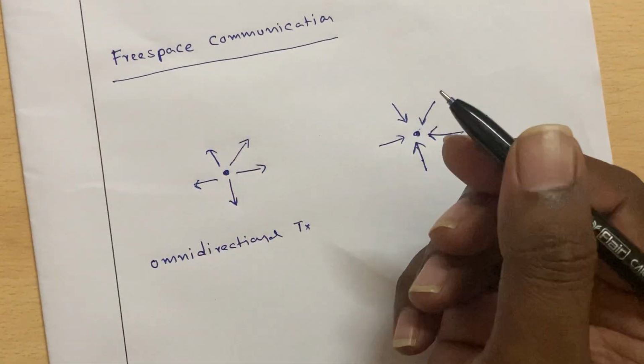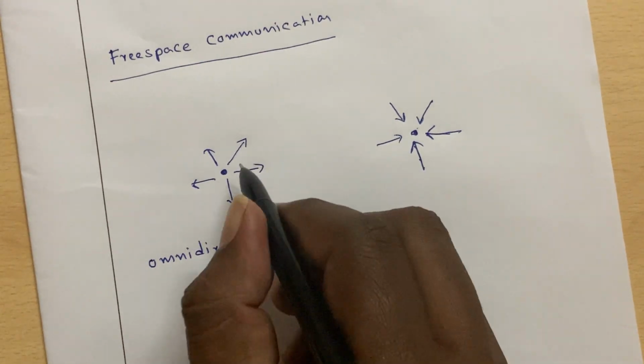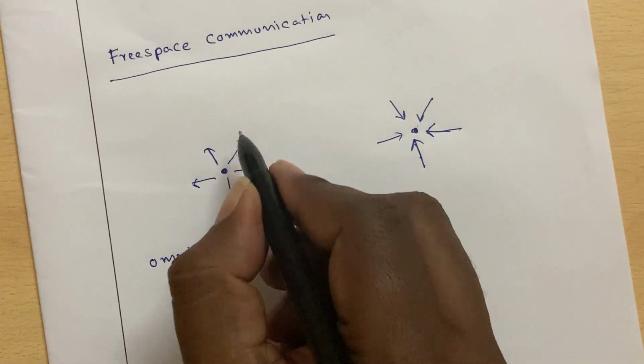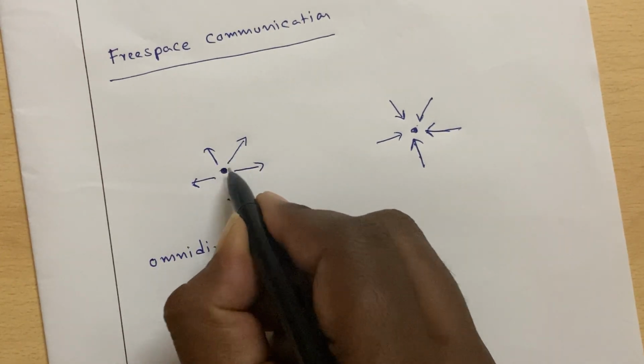Now, how do we relate PT and PR with a simple relationship? The source radiates total power PT at this point.